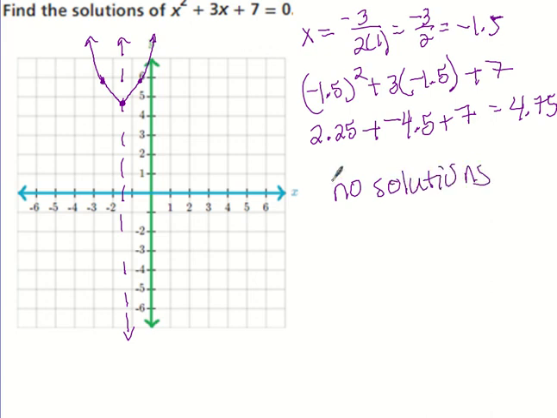So there's no solutions for this quadratic because it doesn't actually cross our x-axis, okay? So this is what a no solution would look like. There are no zero solutions because the graph does not cross the x-axis. Okay? So those are your three versions. Crosses twice, crosses once, does not cross at all.